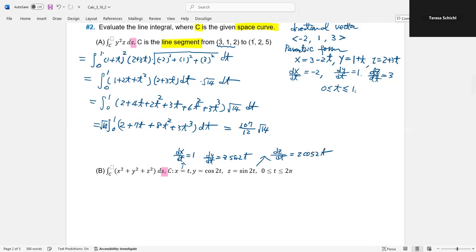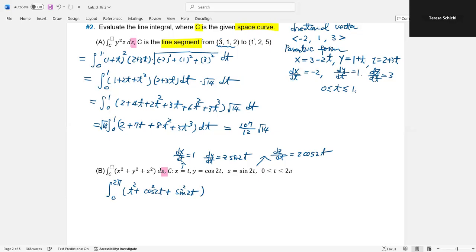So we do the dx/dt, dy/dt, dz/dt, then we plug in the functions, and t is from 0 to 2 pi. Then x squared, so we'll say t squared, plus y squared is cosine 2t squared, plus sine 2t squared, right?